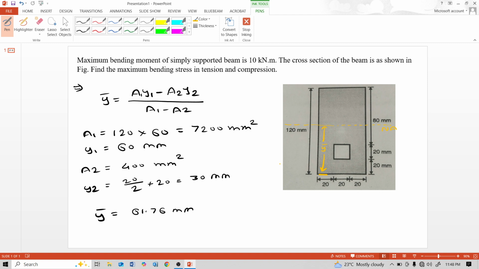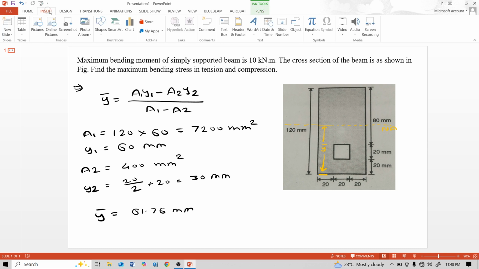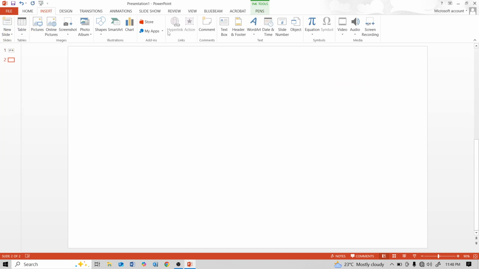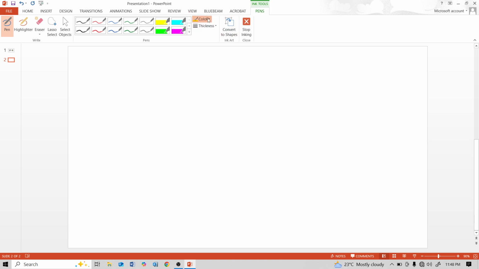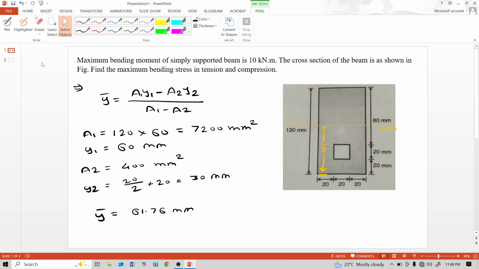Now next find the moment of inertia. I is equal to Ixx1 minus Ixx2. The moment of inertia is equal to the moment of inertia of this whole rectangle. First calculate the whole rectangle's moment of inertia and deduct this square's moment of inertia.